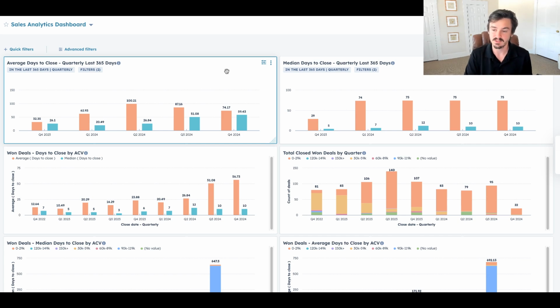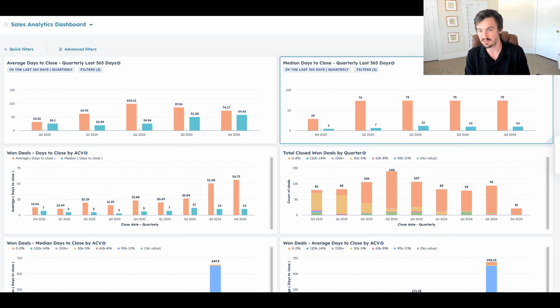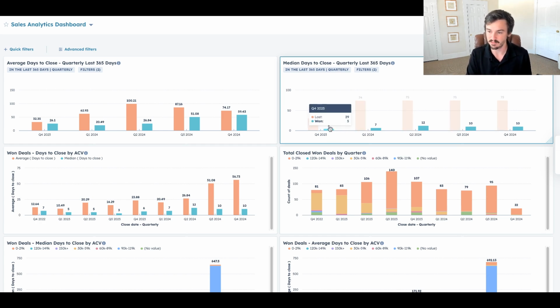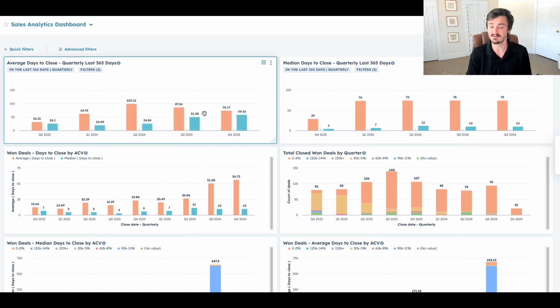Now what we're going to do is look into the median and see what's going on there as well. With the median, it's not as concerning of a picture, but it's still a trend that we need to look out for. We can see here, this blue bar is the one category. We still see a doubling from Q4 to Q3 in terms of the median number of days won, but 10 days does not sound nearly as bad as 51 days to close a deal.